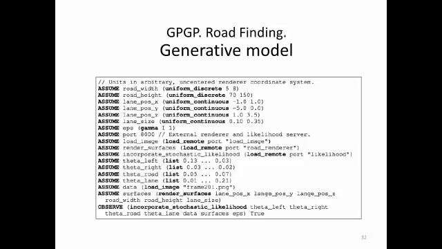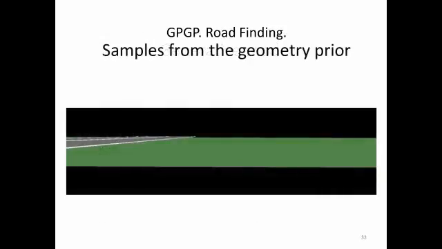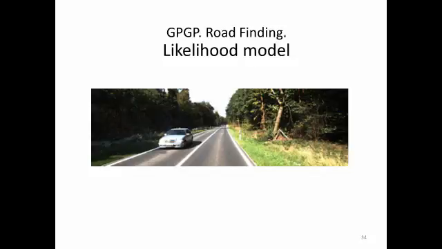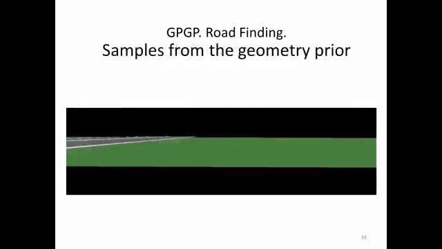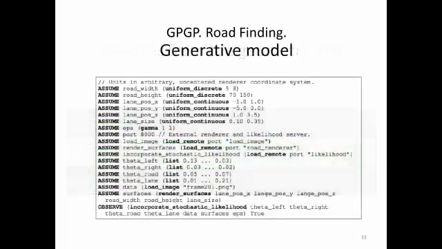Does this make sense? So you use one training example to get your color histogram? Yes. But the geometry prior is fixed by hand? No, this is a generative model. So when you sample from this model, you first sample your generative geometrical prior, and you can see how the generative model is described.